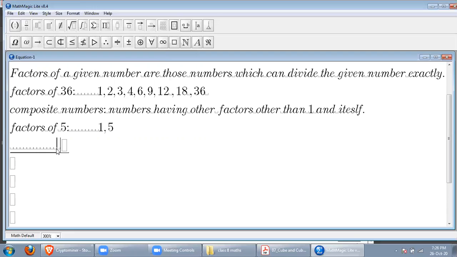So what is the smallest prime number? Two. Yeah, 2 is the smallest prime number.